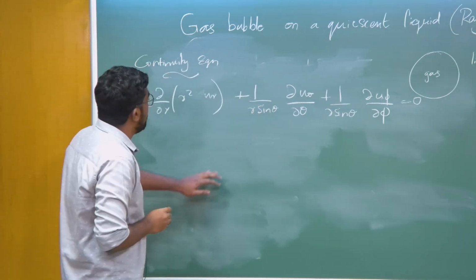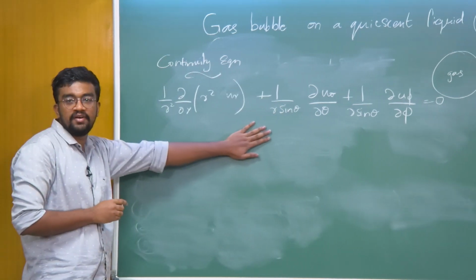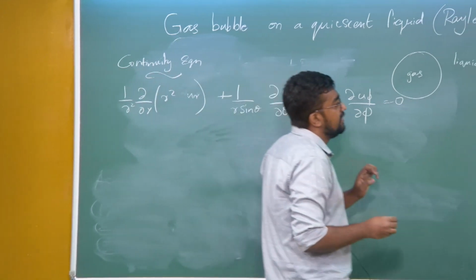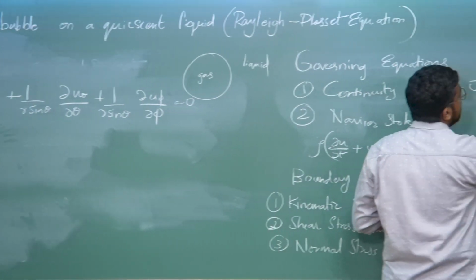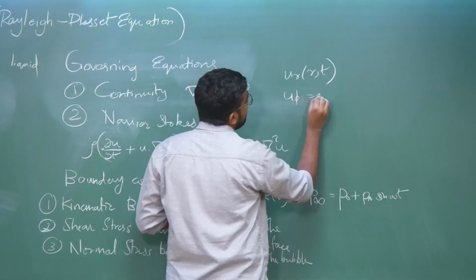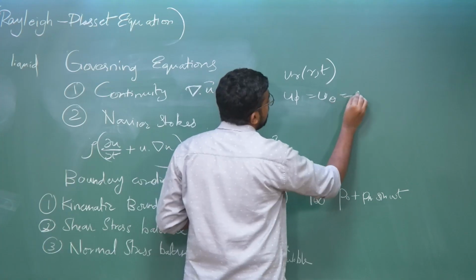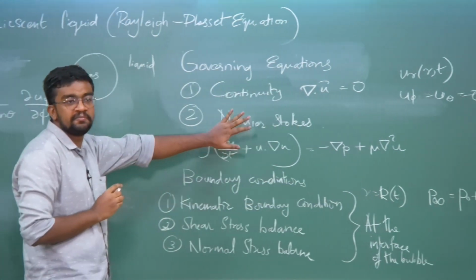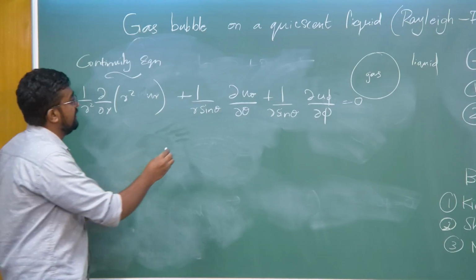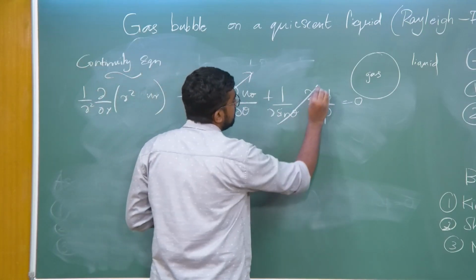So, this is your continuity equation in spherical coordinates. I mentioned before that u r is a function of r and time, and u theta and u phi are absent. Both are absent. So, what we have here is these two terms will go away.